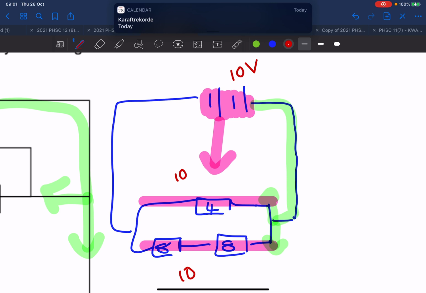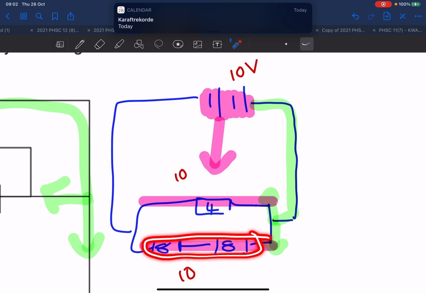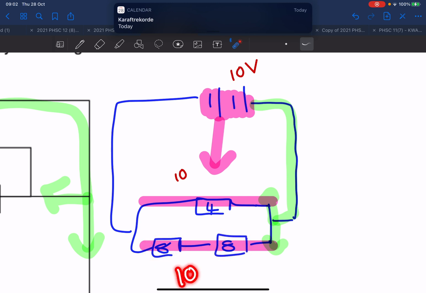But in the second parallel branch, there's 2 identical resistors. So it means this 10 volts, this 10 energies, 10 sandwiches must split up so that we have 5 that goes there and 5 that goes there.